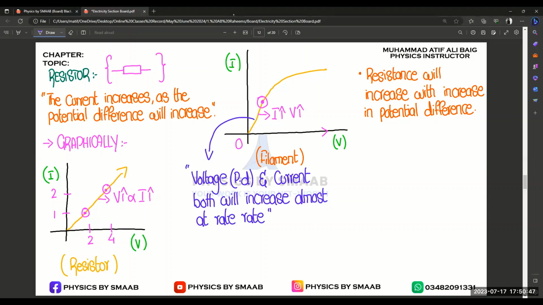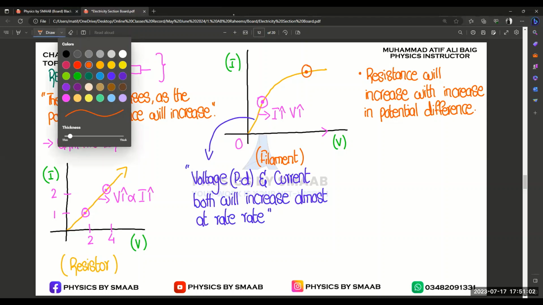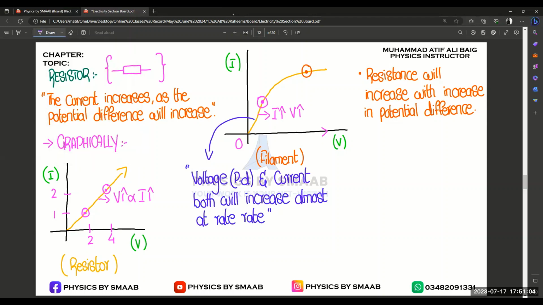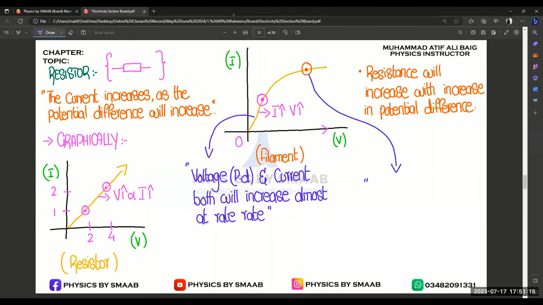Individually. And after that, what happens over here? Suppose we consider the second point, this one. In this phase, you observe that the graph is shifted towards the right-hand side, towards the x side.